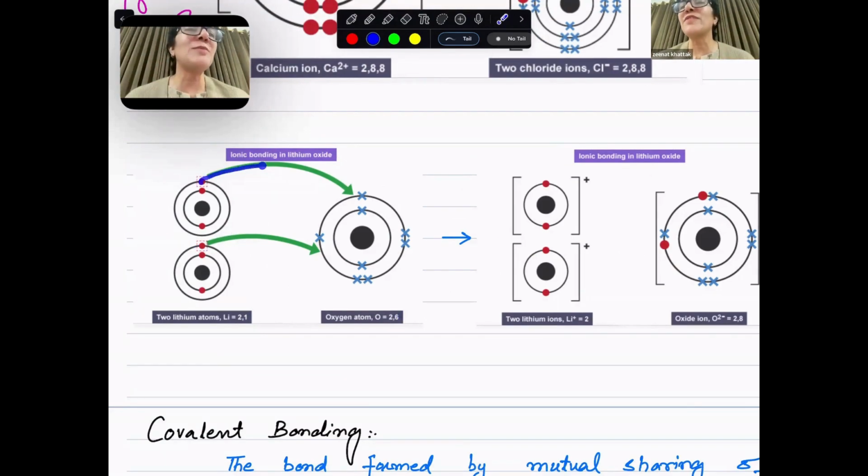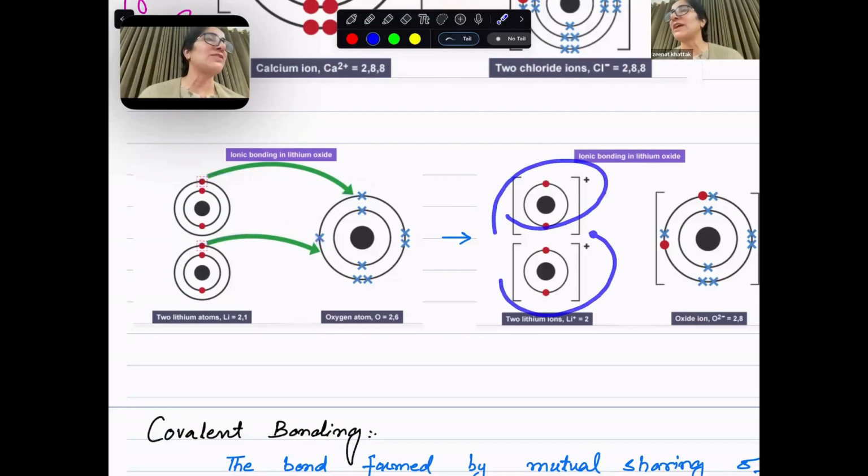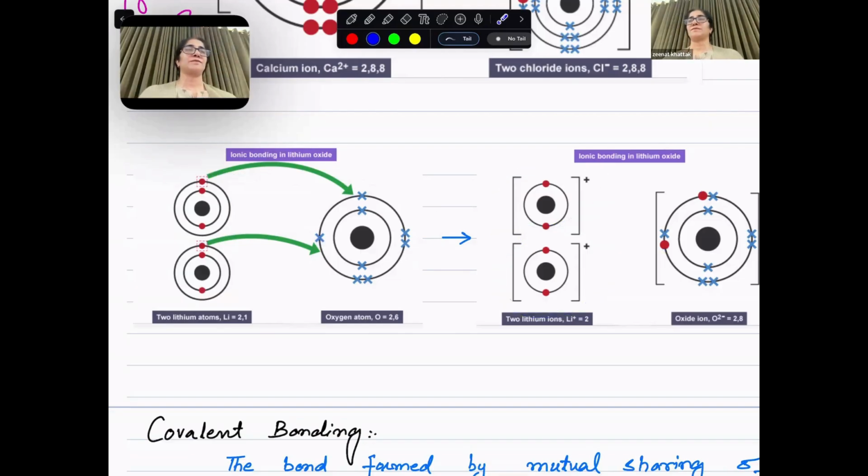So one lithium is giving an electron to this and the other is giving to this. So each lithium loses 1, each oxygen gains 2. So it becomes plus and minus 2. So it's what? Li2O. Yes.